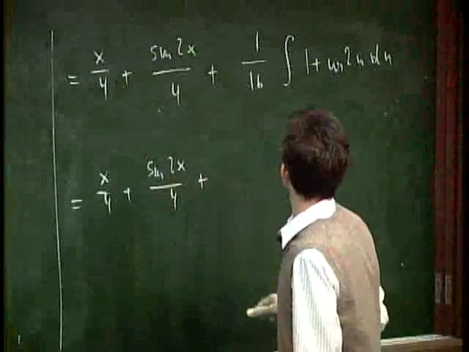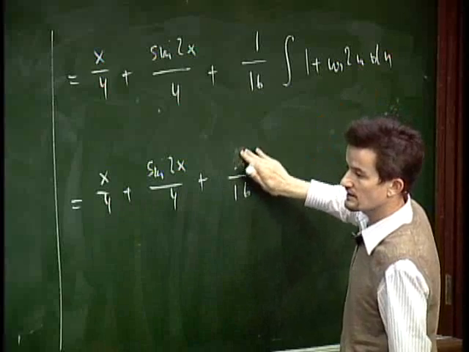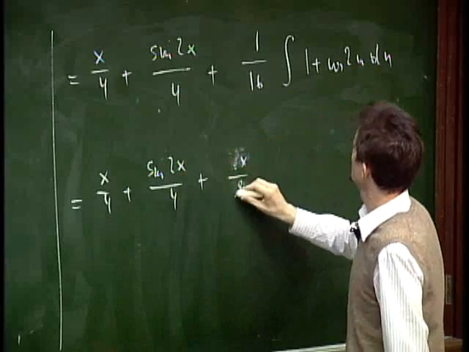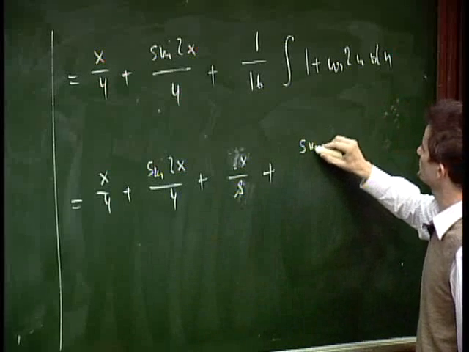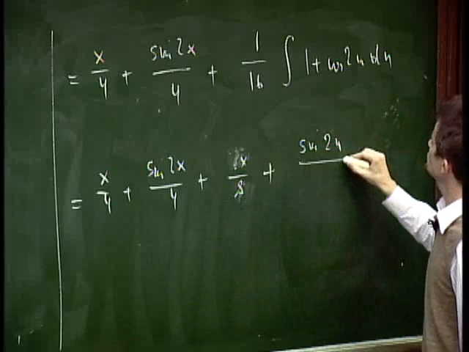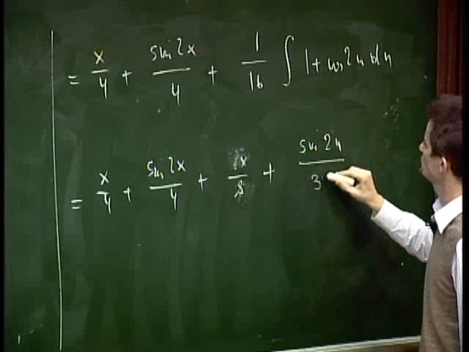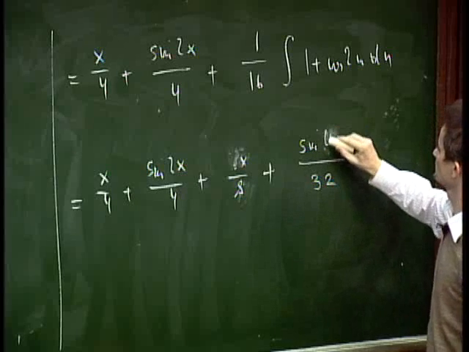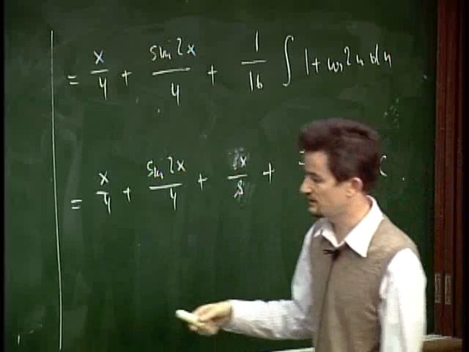So you have 1 over 4 x plus, over 8, u over 2 plus sine of 2u over 4, and u is equal to 2x, so it's 4x plus the constant. Unless I have made a computation error.